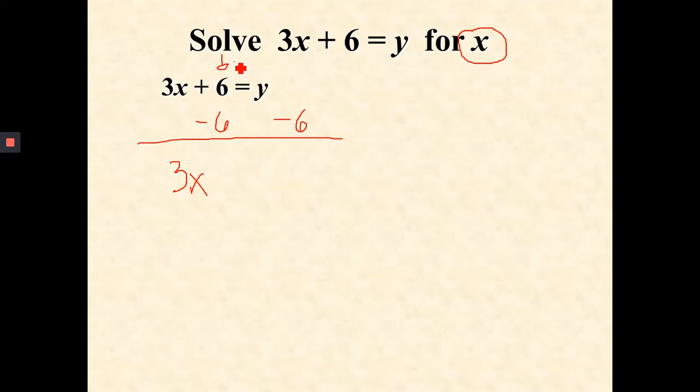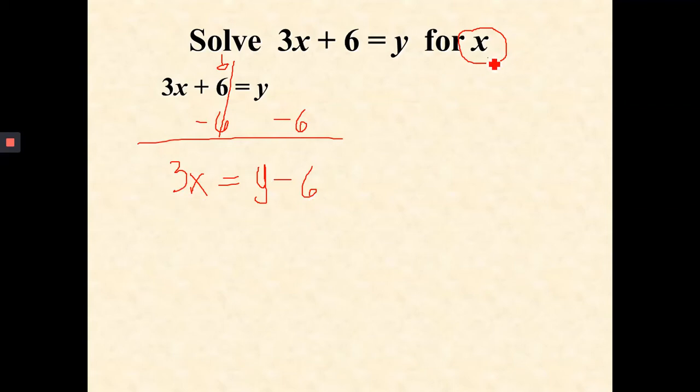Positive 6 minus 6, that will be 0, is equal to. We cannot subtract y and 6. So what are we going to do? We're just going to copy it. y minus 6.